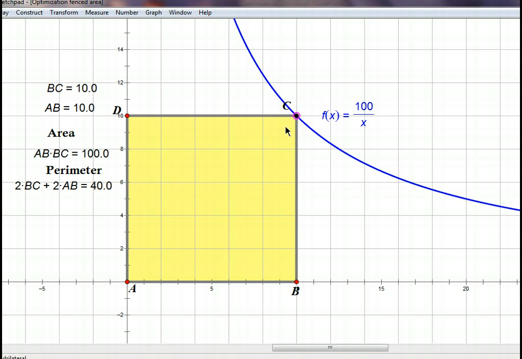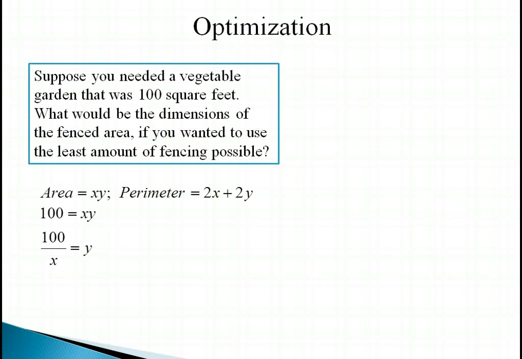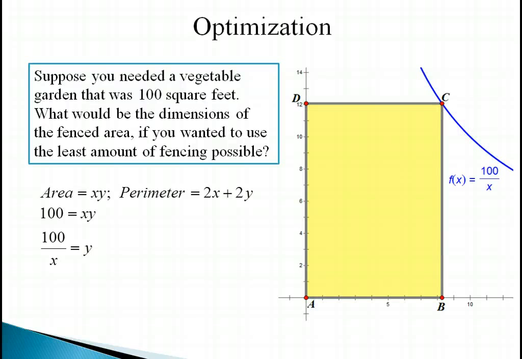So let's go back and prove this with calculus. Since it is the perimeter that we want to minimize, we're going to take the derivative of the perimeter equation. Right now the perimeter equation is in terms of both x and y, so we want to change everything into x's. So we replace y with 100 over x, and then simplify it.